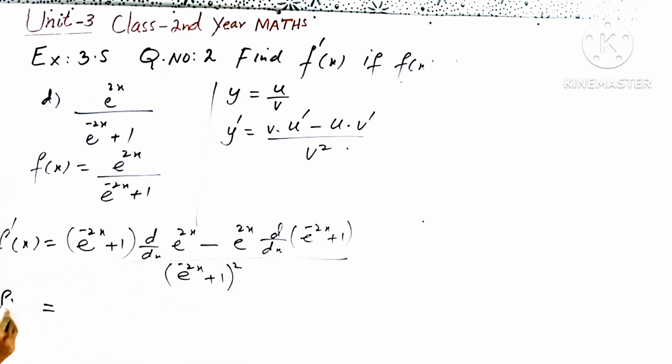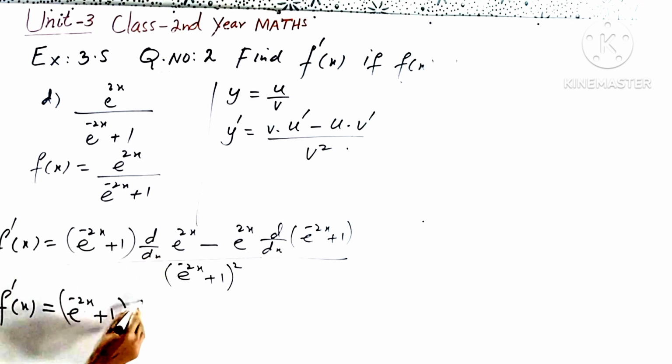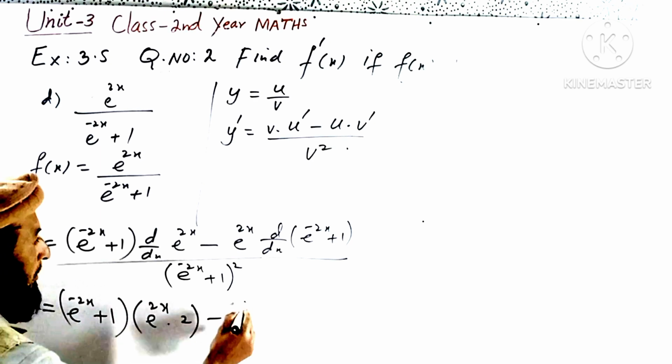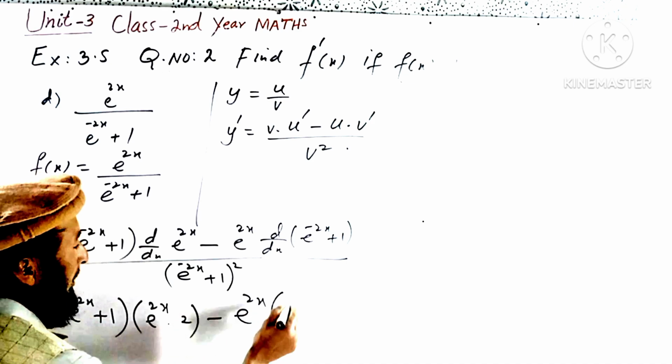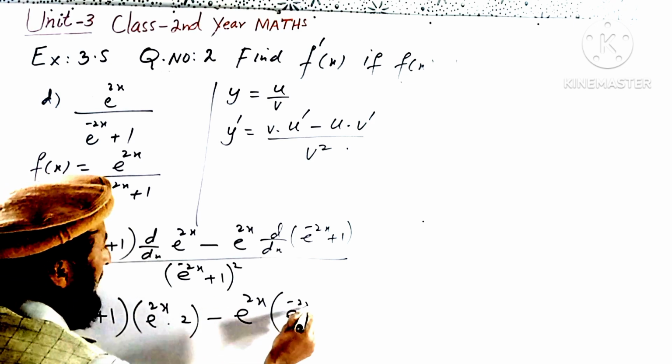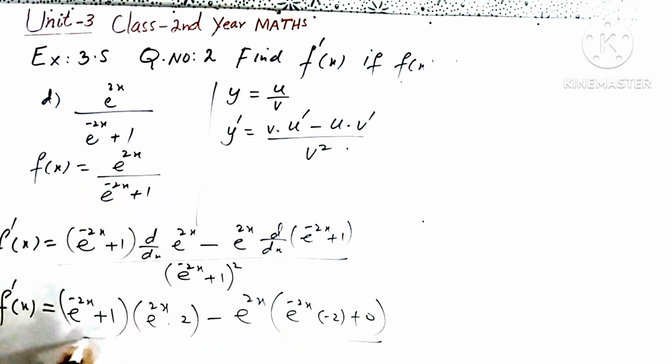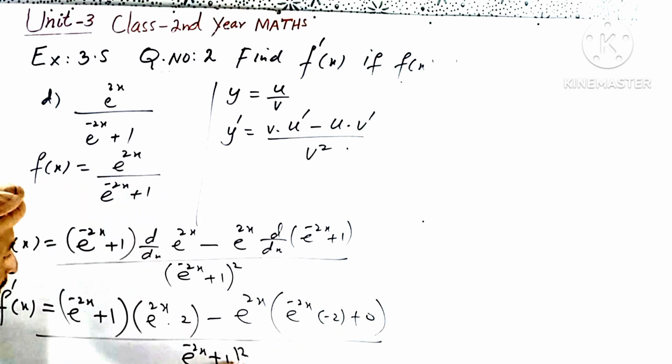Now f dash x is equal to e power minus 2x plus 1 into the derivative of e power 2x, and the derivative of 2x is 2, minus e power 2x and the derivative of e power minus 2x, which is minus 2, plus 0, divided by e power minus 2x plus 1 whole square.